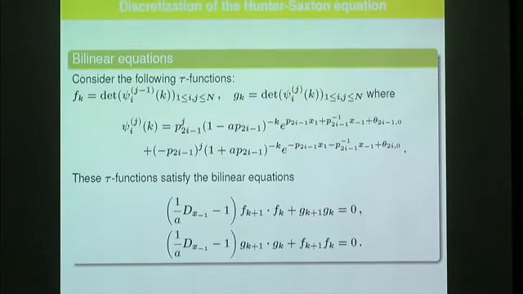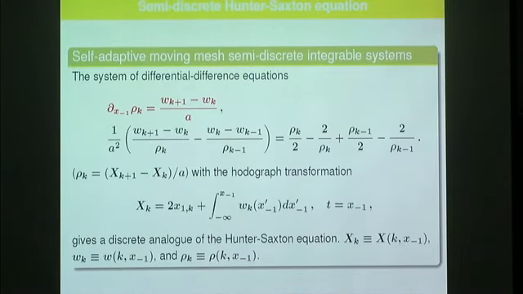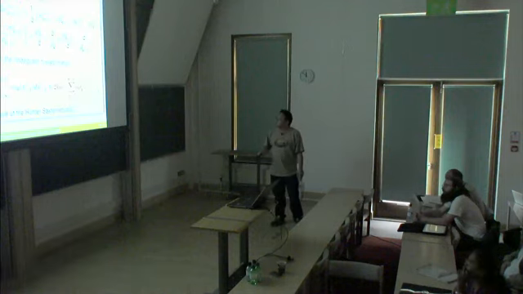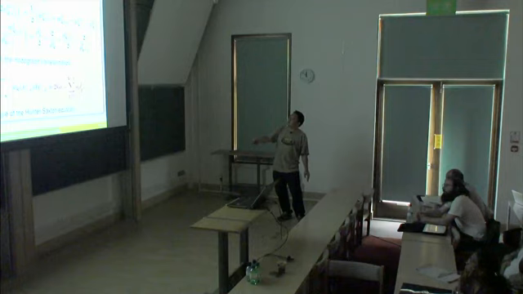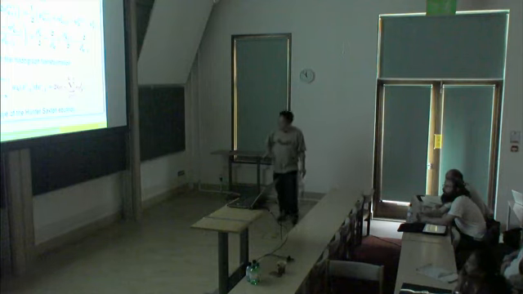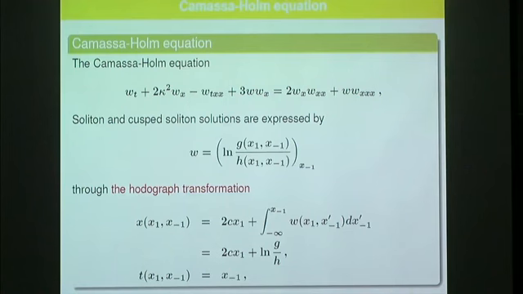That's why, after you discretize space, you can still include the integral. But when you discretize time, you must consider the discretization of this hodograph transformation. In this case, for the discrete case, you can rewrite this integral as a summation of the mesh intervals. So this is full discretization.